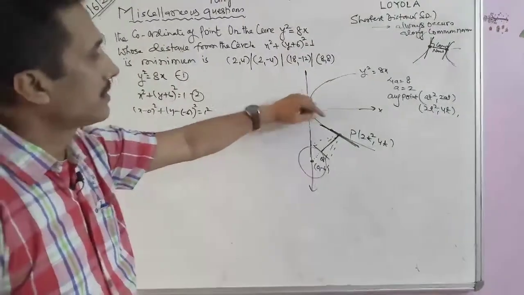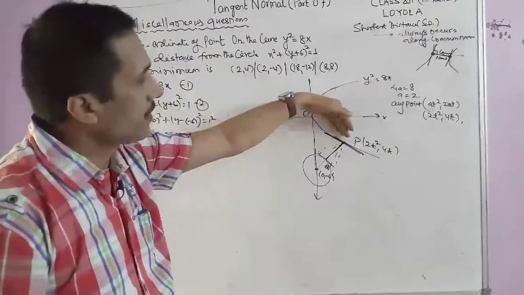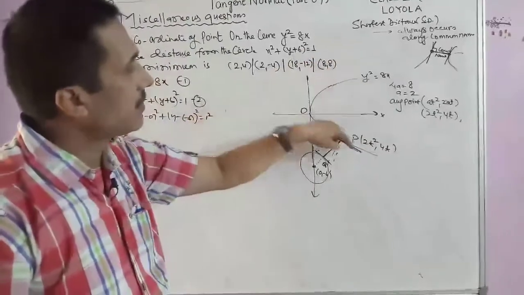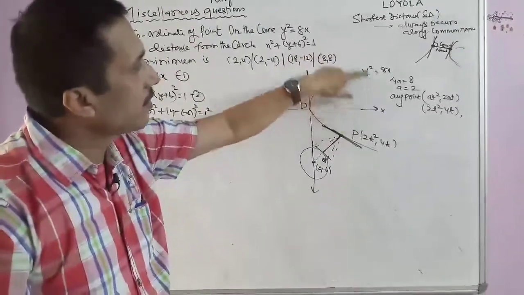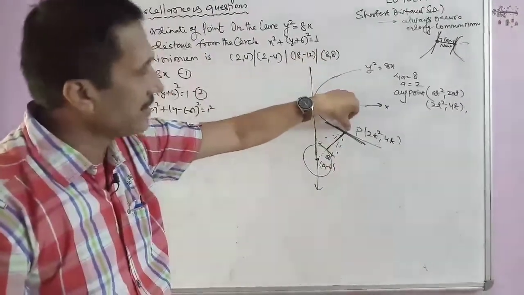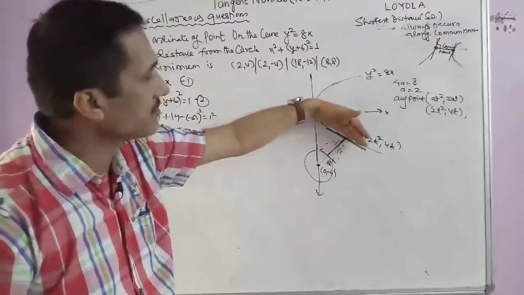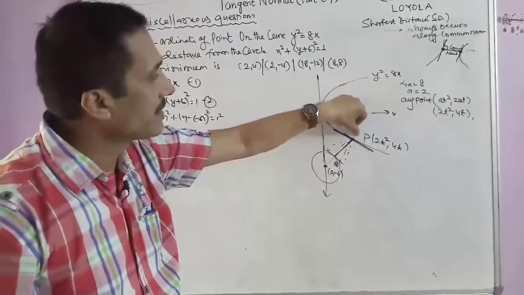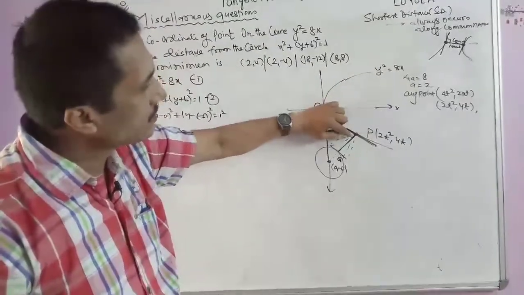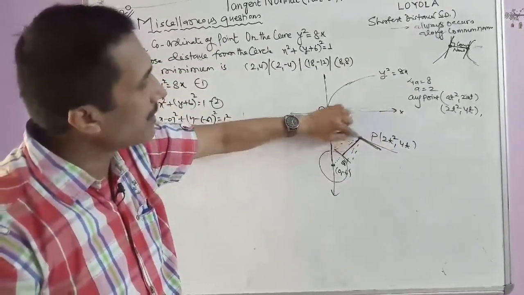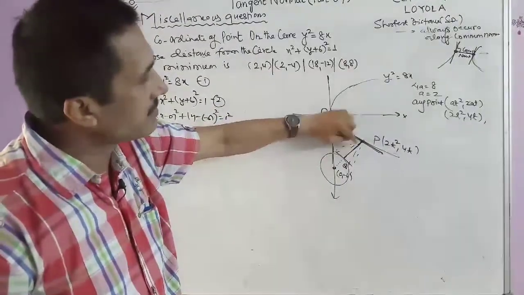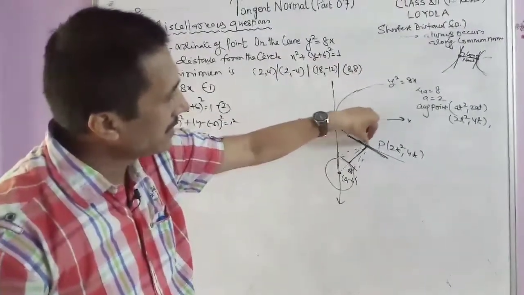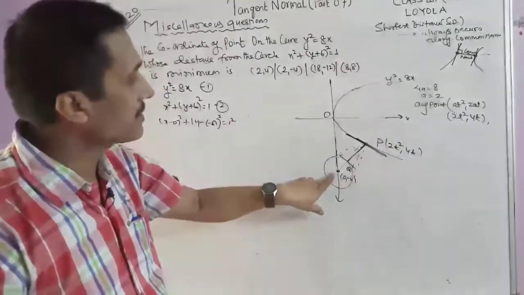So here the direction is, first of all we find dy by dx of this curve at point P. This will give the slope of the tangent. Take its negative reciprocal, which will give the slope of this normal line. We find the equation of the normal at this point, and this normal line passes through the center.